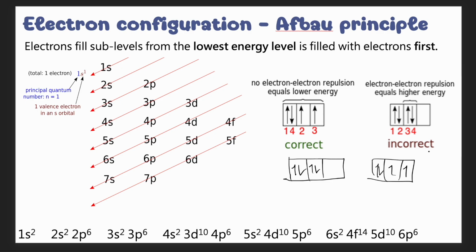So make sure that you fill up each orbital first with one electron, and then you go back here with the opposite direction of electrons. In the case of d orbitals, you will do it this way.